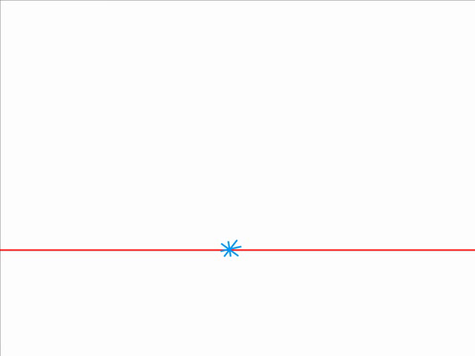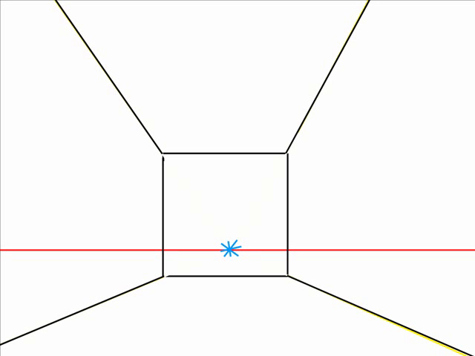Now we'll draw a room that has another room next door. We will make a large doorway in the side wall so that we can see the other room.